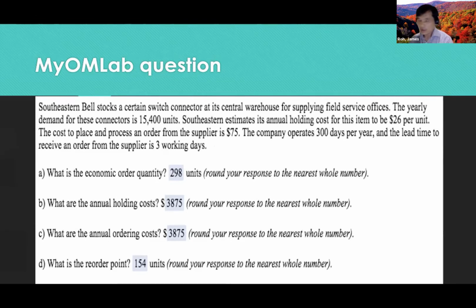If you look at this kind of question, the first thing that you want to do is look at the annual demand. What is the annual demand? What is ordering cost? And what is holding cost? You want to figure that out first, and then calculate everything.